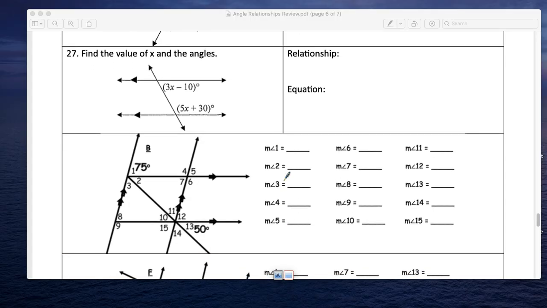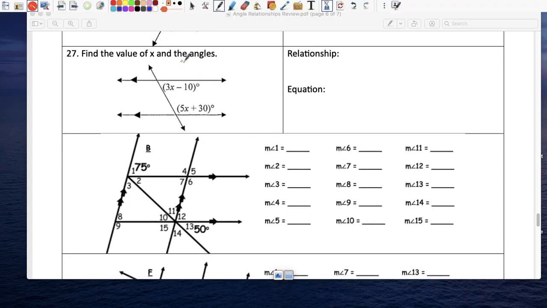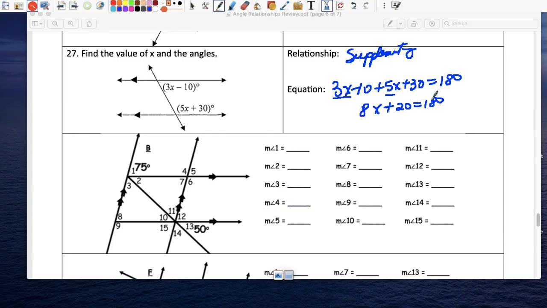27. These are supplementary. Okay. And if they're supplementary, one angle plus the other angle equals 180, right? Combine like terms, 8x plus 20 equals 180.